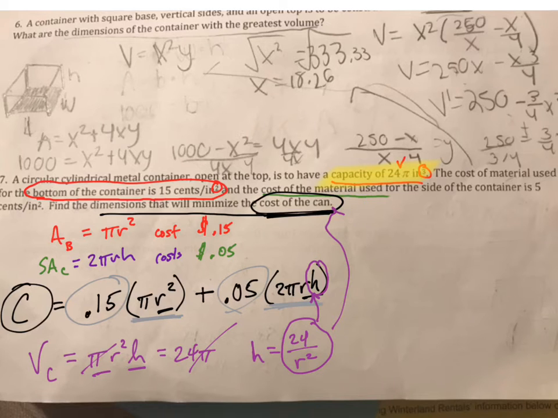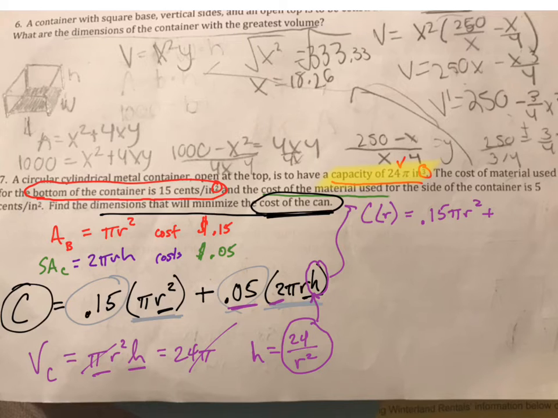I'm sorry, not the volume. Not that equation. We're going to take this equation, C, and we're going to write it in terms of R. So notice I'm calling it C of R because I'm going to only have one variable, just R. And I'm going to write that as 0.15 pi r squared plus that times 2.